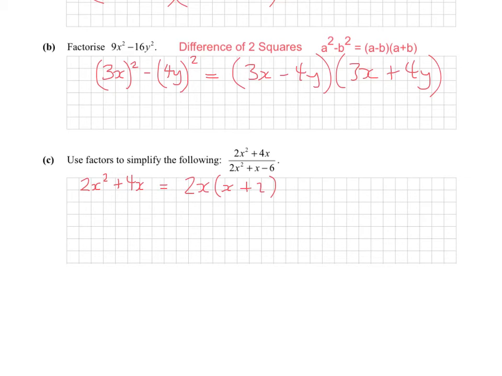So that's the numerator. And now we want to concentrate on the denominator. Now, the denominator you'll see is a full trinomial quadratic, so we have to go through the full factorizing process. So what two numbers multiply together to make minus 12 and add together to make positive 1?